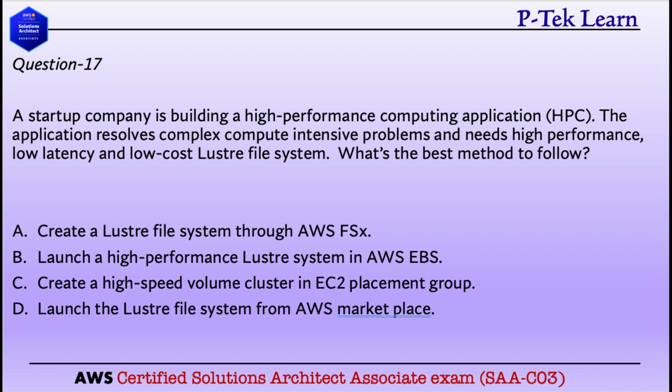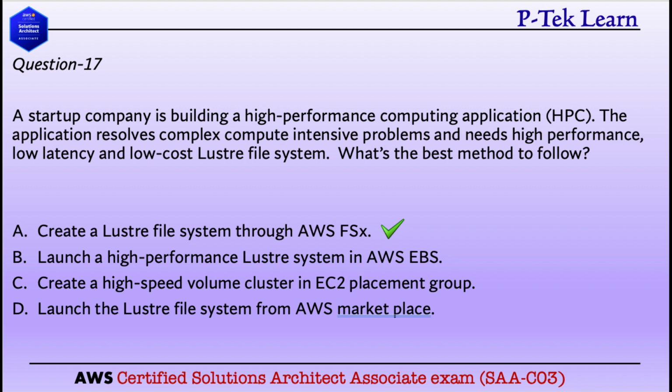The point to be noted here is the solution needs to be high-performing with low latency and low cost. Option A, create a Lustre file system through AWS FSx. The Lustre file system is an open source parallel file system that can be used for HPC applications. So option A should be the right one, but let's see the other options here.